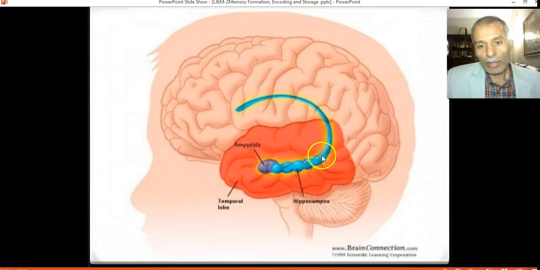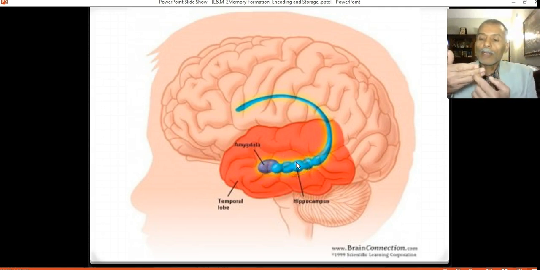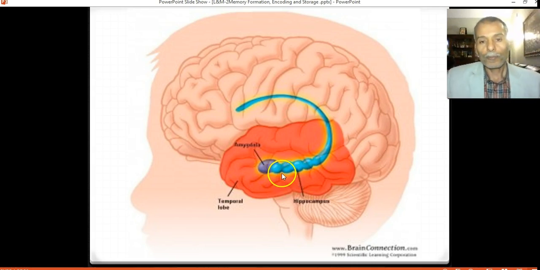So the idea is this is the medial temporal lobe, but deep in it, on the other side, you are going to find the hippocampus. On the outside here, you are going to find the auditory association cortex that works to integrate what you hear with what you already know, with your previous knowledge.